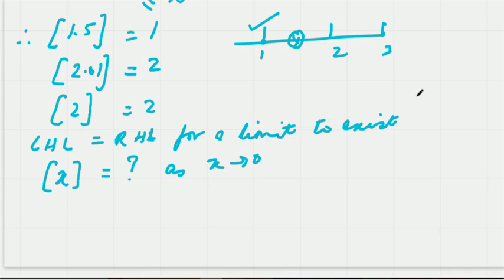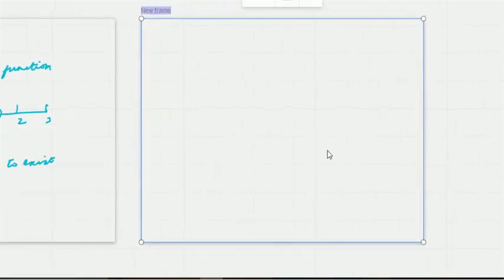Alright, so now we will first create additional space for writing. Now x can tend to 0 from the left hand side as well as the right hand side. Okay, so this is my number line. My 0 is here. I have +1 here and -1 here.